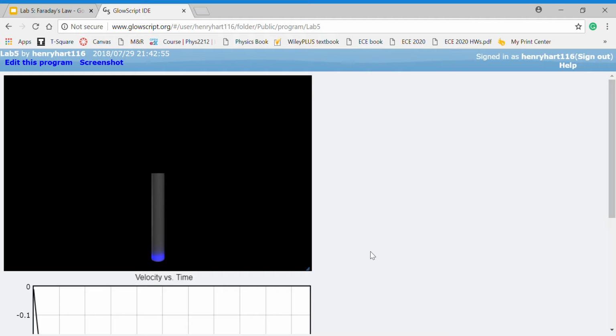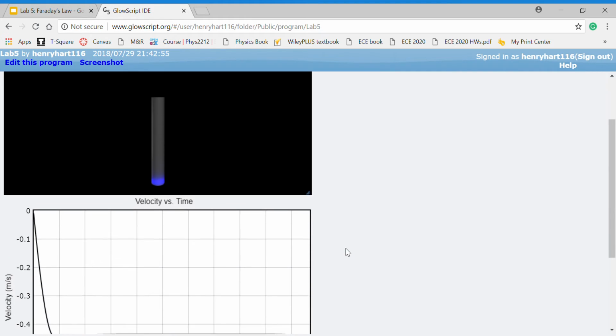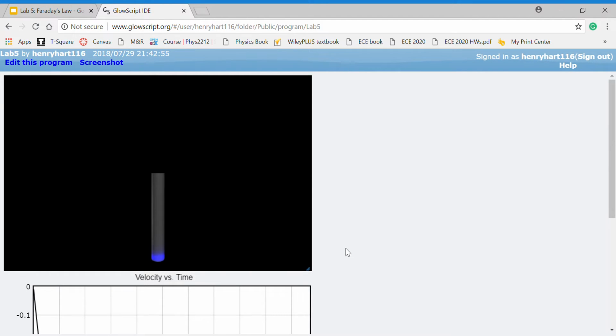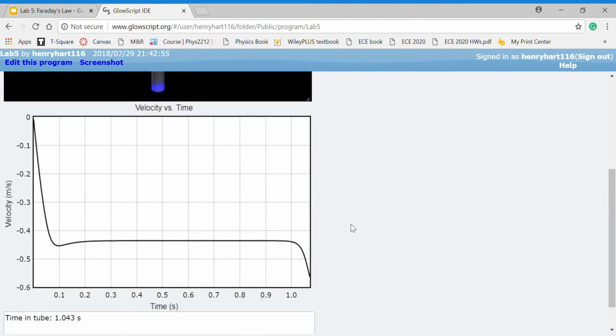So as the magnet's falling down, the change of magnetic field is going down, but the negative would be going up. So this creates the red color that is a counterclockwise current. And the blue current is when the negative change is going down, so it goes clockwise. Flipping the magnet wouldn't really change much of our results, as there would still be a force trying to push the magnet up instead of down.